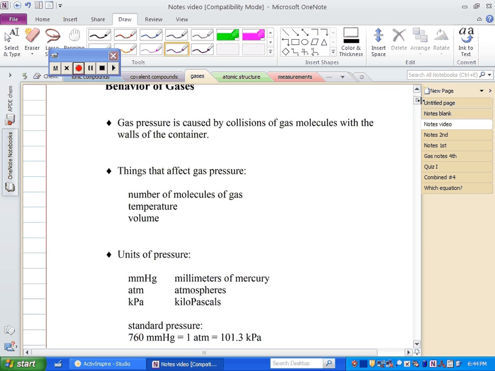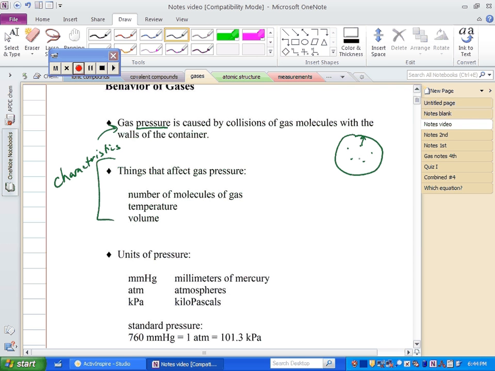Now, some important characteristics of gases are, of course, the gas pressure, which is collisions of the gas molecules with the walls of the container. So you have some sort of container with gases in there, and as they move around, they have collisions.